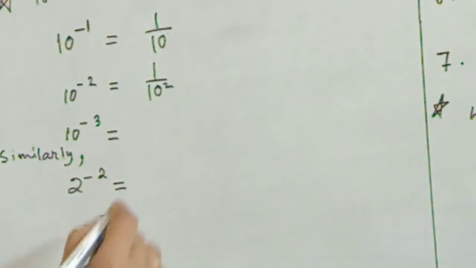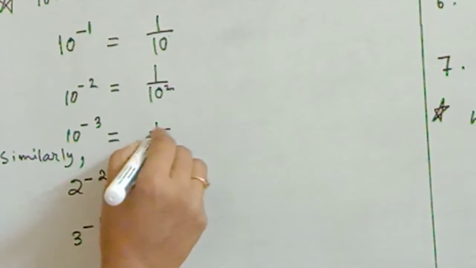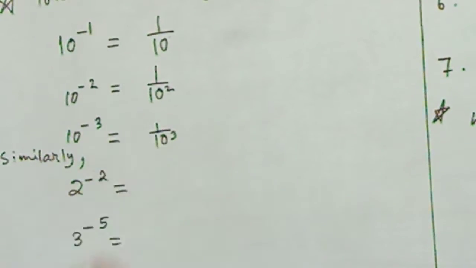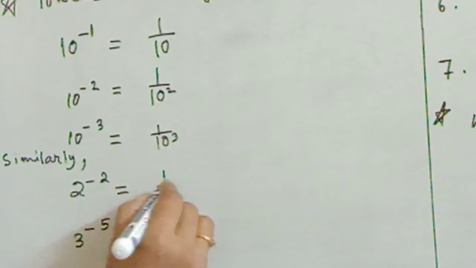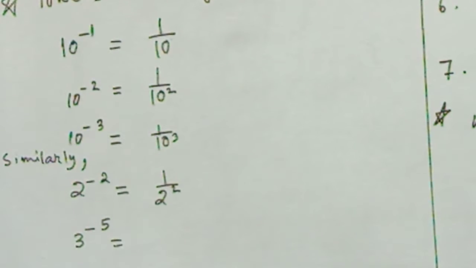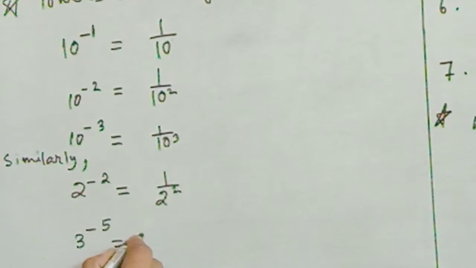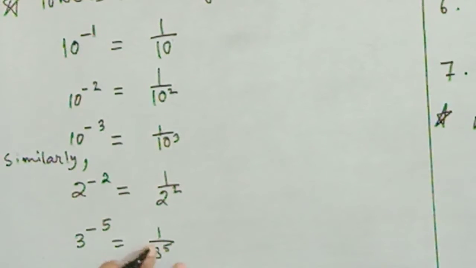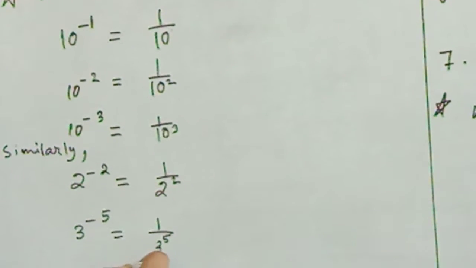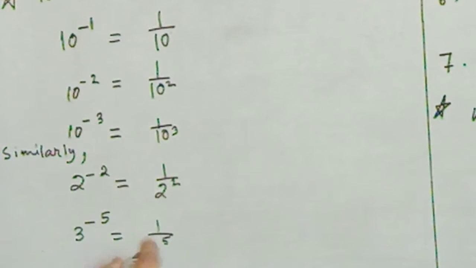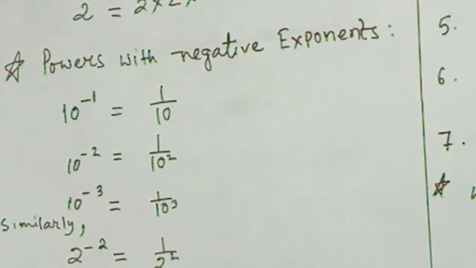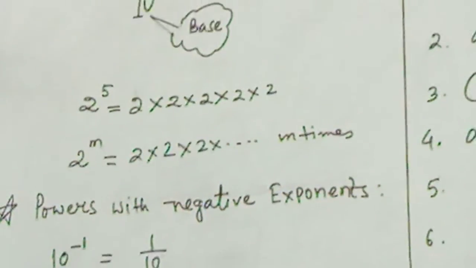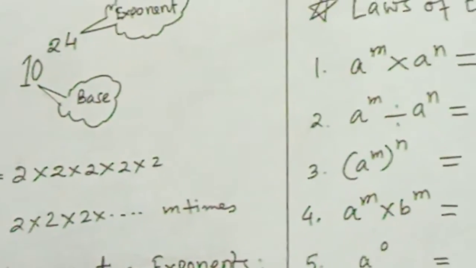Similarly, 10 to the power minus 3 equals 1 by 10 to the power 3. 2 to the power minus 2 is 1 by 2 to the power 2. 3 to the power minus 5 is 1 by 3 to the power 5. This power form is the first time you are doing in class 8. All the remaining laws we will discuss are a recapitulation of class 7.